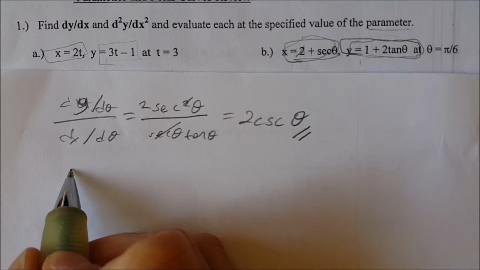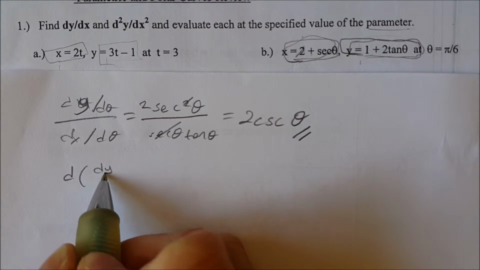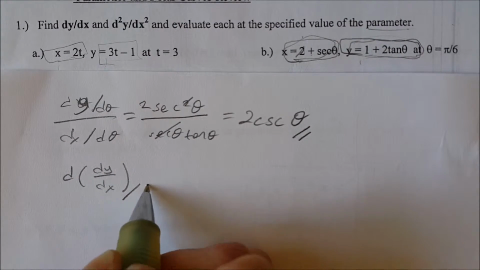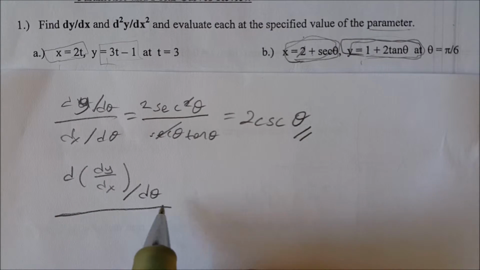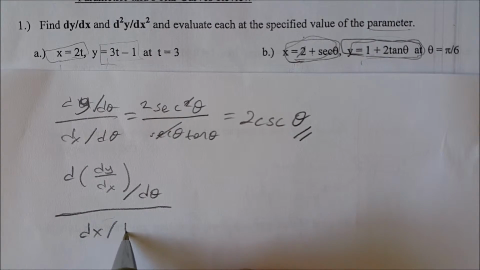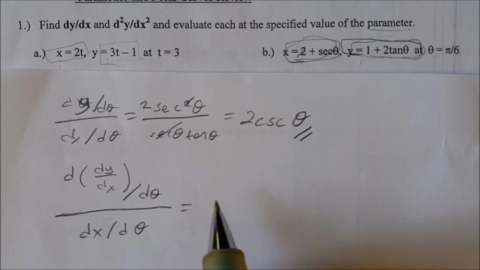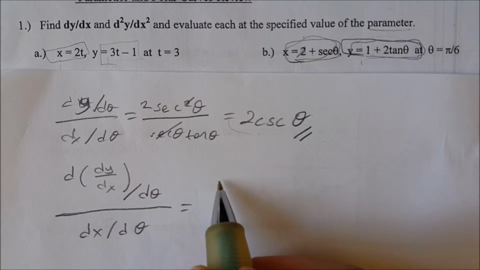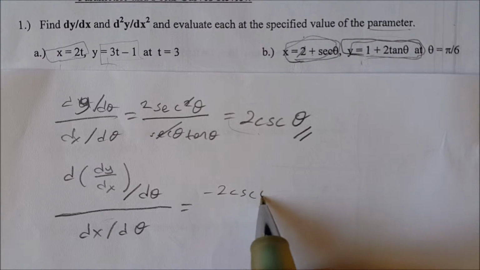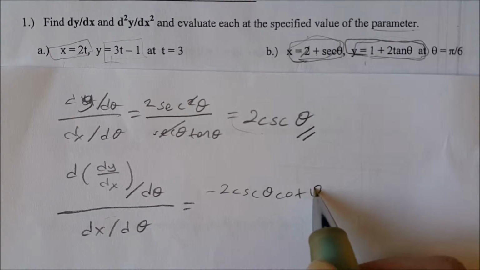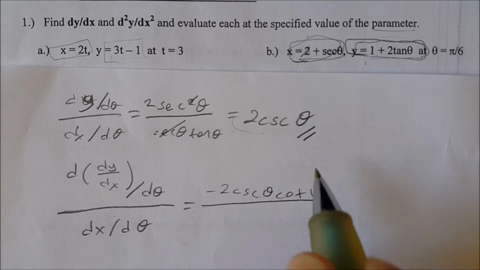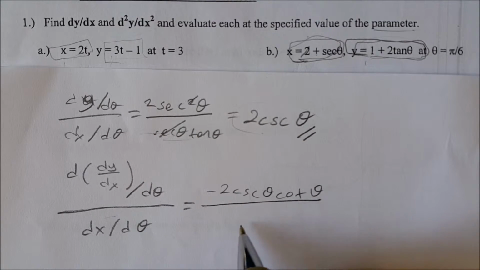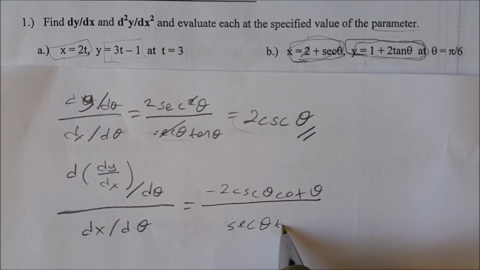Now in order to find the second derivative, we write the same equation using theta this time. So now this one's derivative would be negative 2 cosecant theta cotangent theta over, as we found in the previous question, secant theta tangent theta.